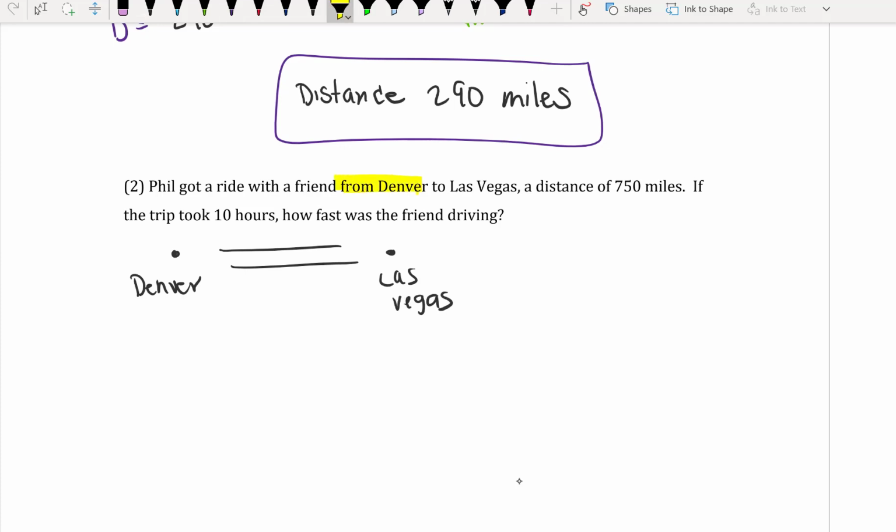And the total distance here is 750. And you have your amount of time. So t is equal to 10.